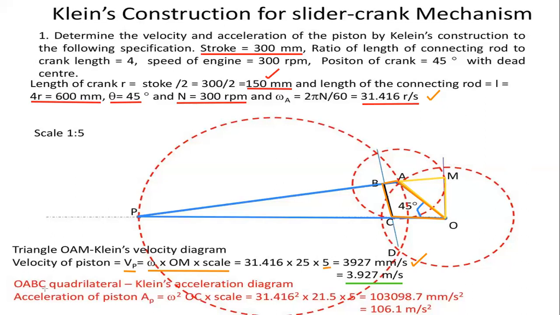So here OABC is the quadrilateral. So this is the OABC quadrilateral, which is called as Klein's acceleration diagram.